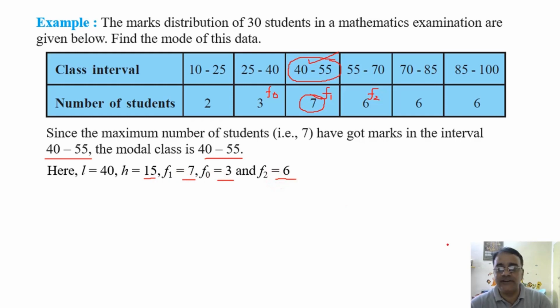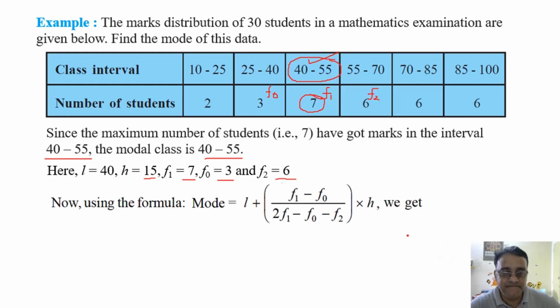Now you have to write the formula and you have to substitute. So this is the formula. We are going to substitute L is equal to 40, f1 7, f0 3, 2 into f1, that is 2 into 7, 14, minus 3, minus 6.